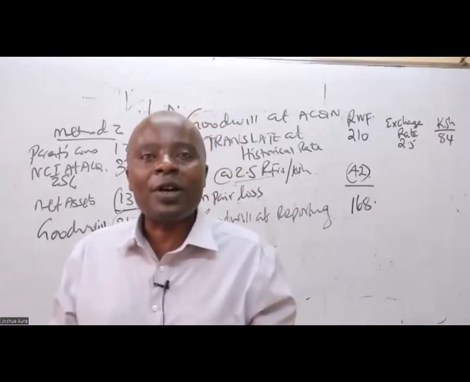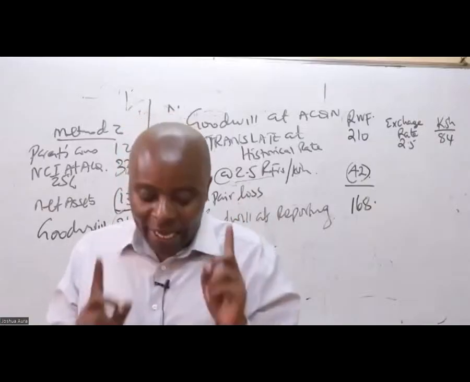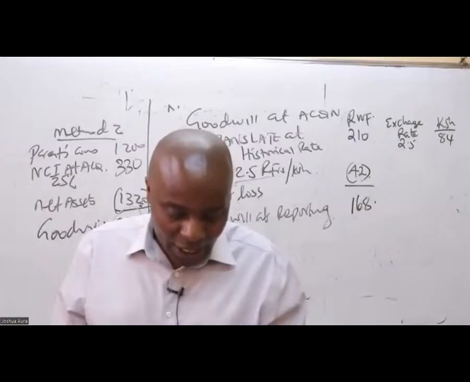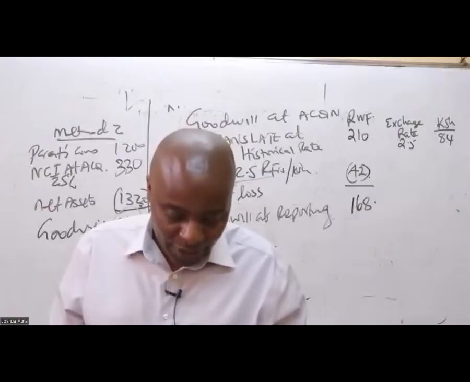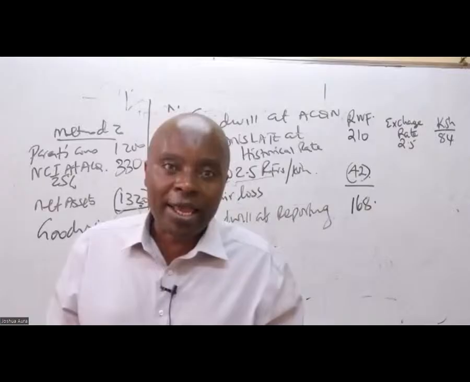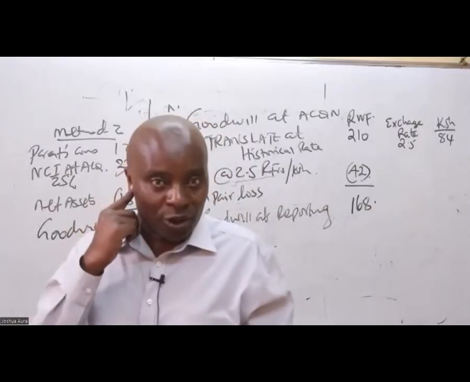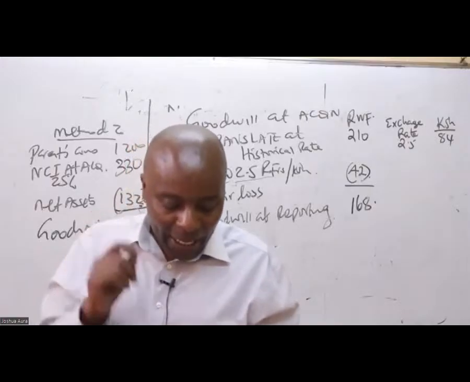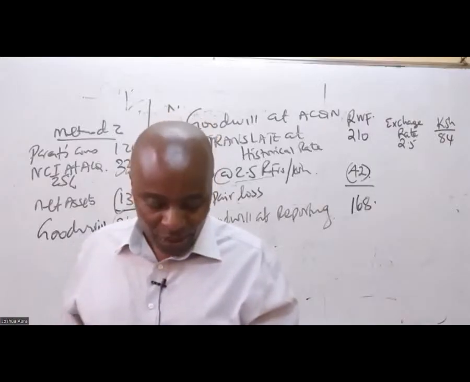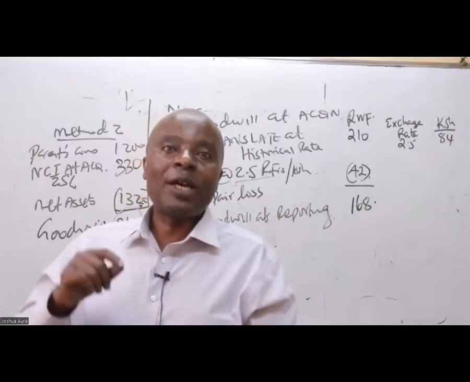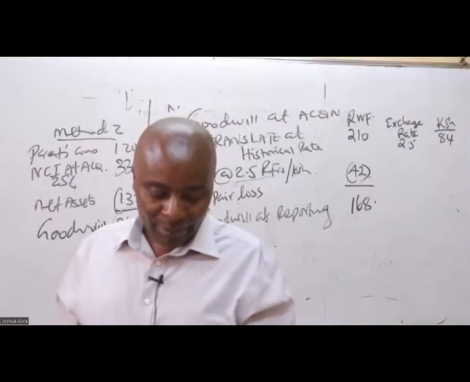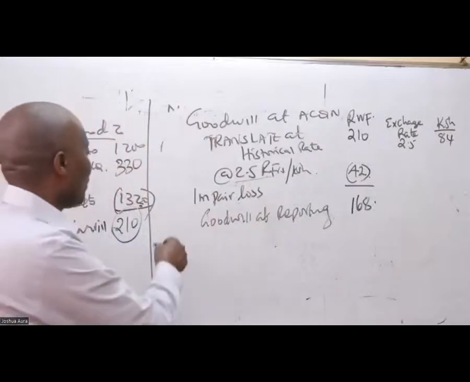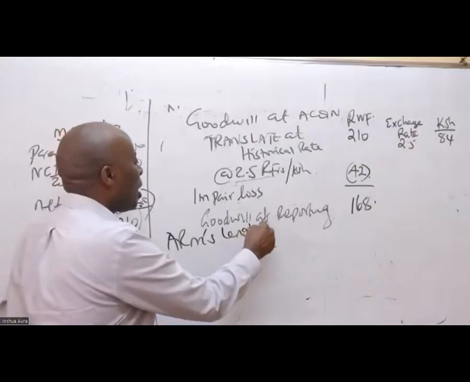The only difference between IPSAS and the IAS, and you should write this down, is this: unlike IAS 24, IPSAS 20 does not require disclosure of information about business transactions between related parties which occur at arm's length, what we call normal trade.